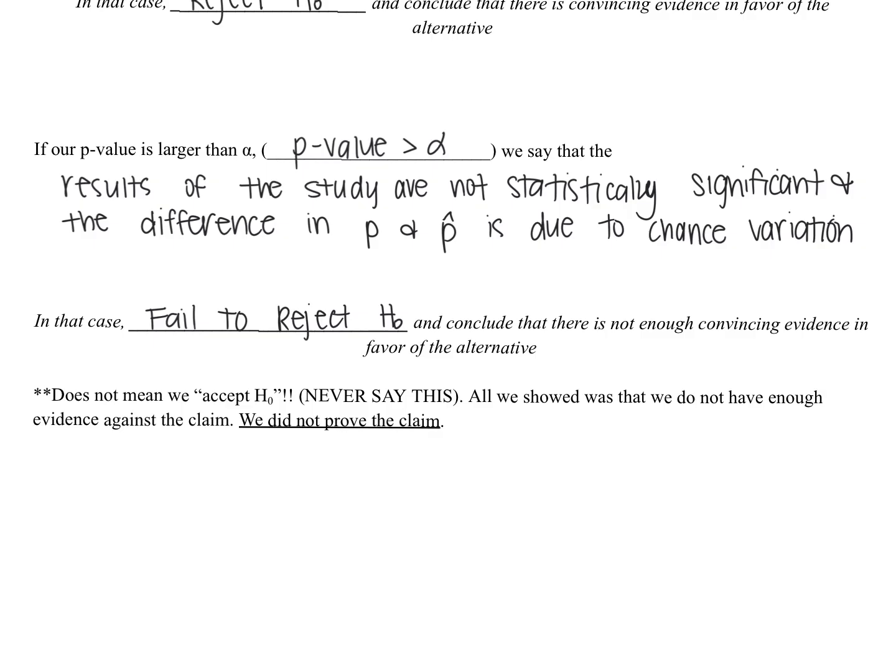A hypothesis test does not actually prove that the null hypothesis is true. We're trying to gather evidence in favor of the alternative hypothesis, but we're not actually proving the null hypothesis true.